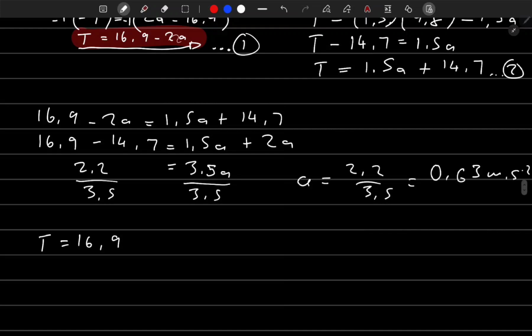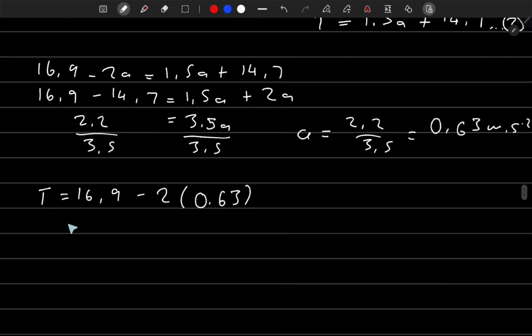What is a? Sorry, a happens to be 0.63. So we're just substituting at this point. This is equals to 16.9 minus this times this. When you put this into your calculator, you're going to get 15.64, and that's in newtons.